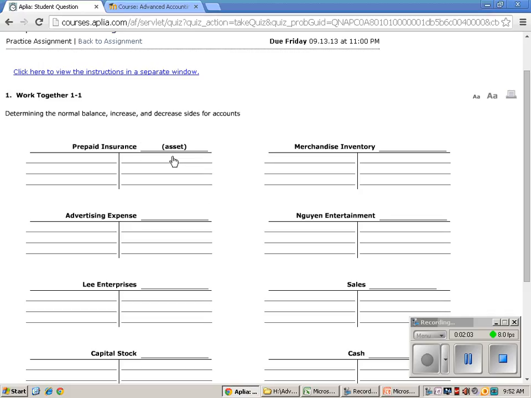It's something of value. Label the sides debit and credit. Well, we know that debit is always your left side and credit is always your right side. Regardless of whether it goes up or down, debit's always the left, credit's always the right. Label each side of the T account using the labels normal balance, increase side, or decrease side. Well, prepaid insurance is an asset.